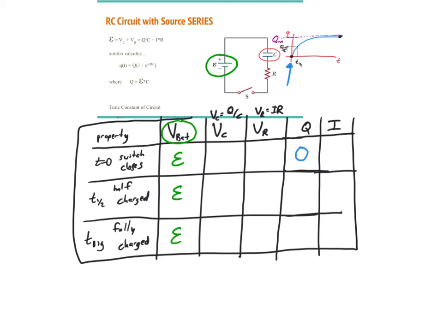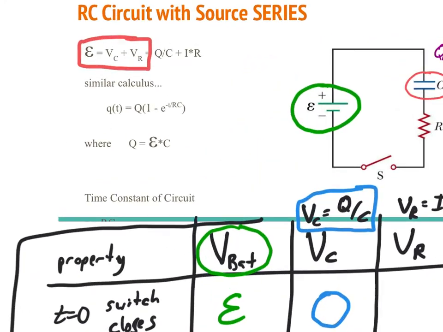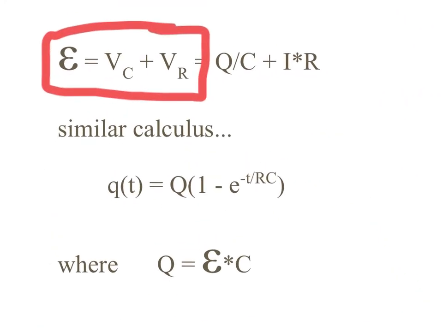And since the charge is 0 at that time, then the voltage is going to be 0 as well, because if the charge is 0 and it is a capacitor, then the voltage across that capacitor is 0. That leaves the resistance. And in our loop, the two sides of this equation have to be equal. If the capacitor voltage is 0, then all we're left with is that the EMF is equal to the resistor voltage.